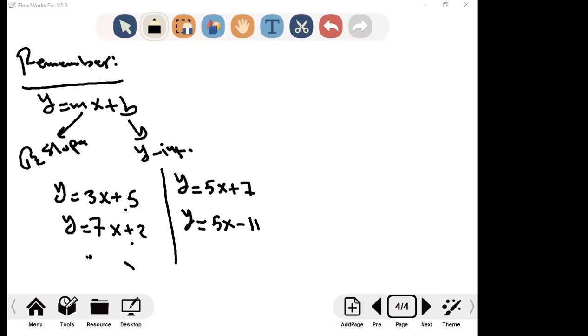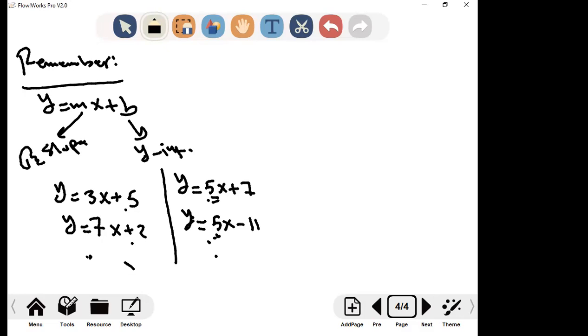But here, what's the slope? Do we have the same y-intercept so we can say these are the same lines? No. So we have similar slopes, means they are parallel with different y-intercepts. So here they are parallel lines. Do we have solutions if we have parallel lines?